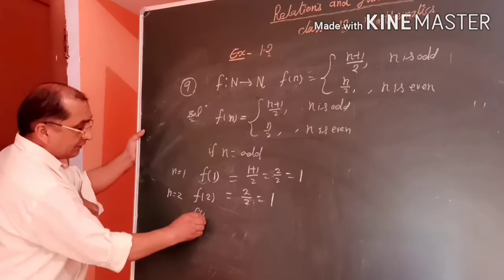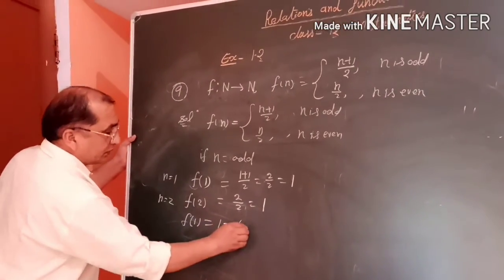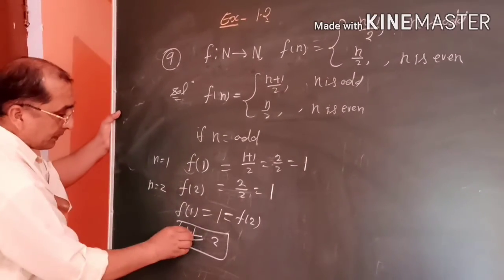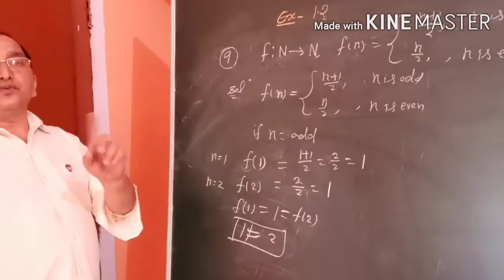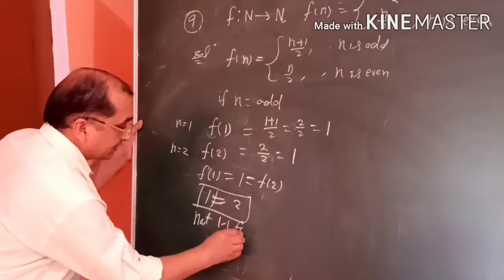Now see, f of 1 equals 1 and f of 2 is also 1, but 1 is not equal to 2, because 1 is an odd number and 2 is an even number. So this is not a one-one function.